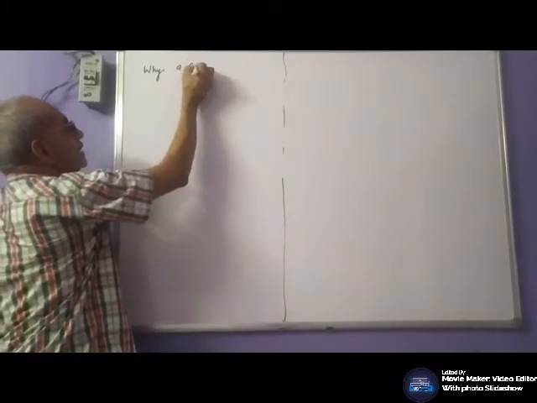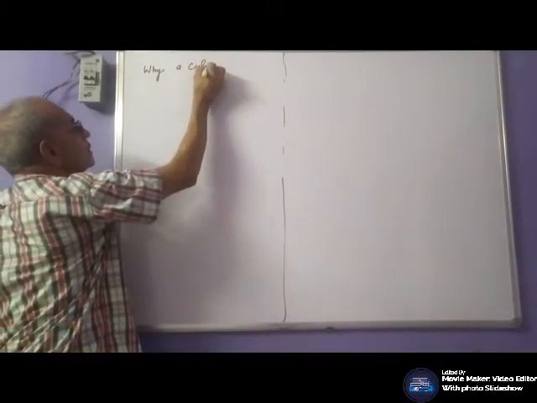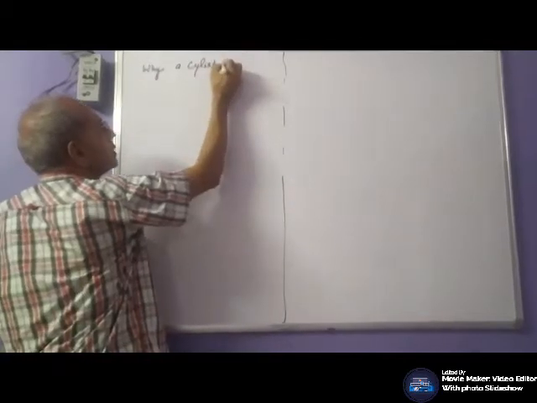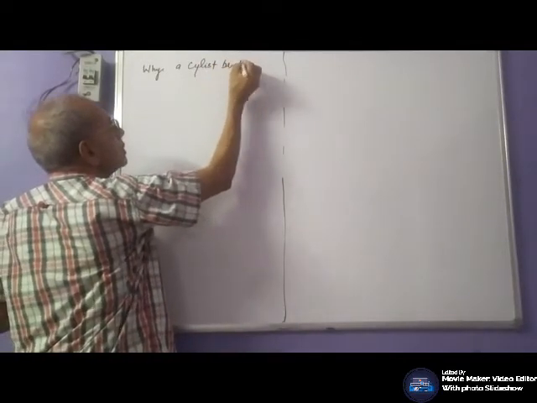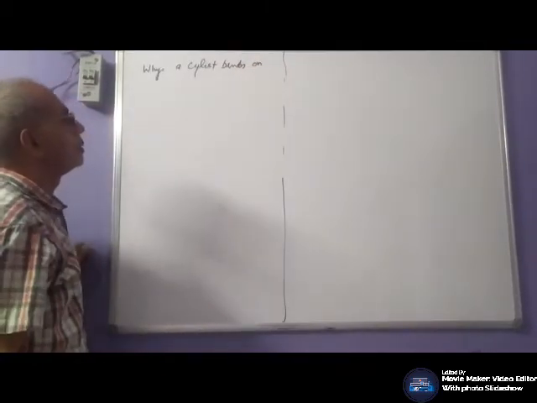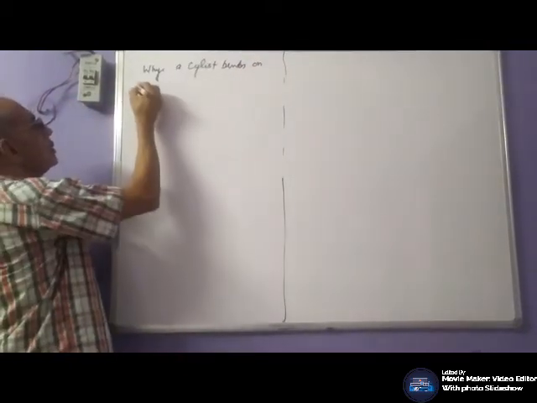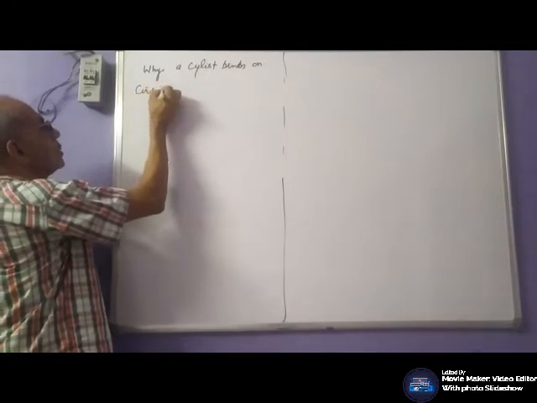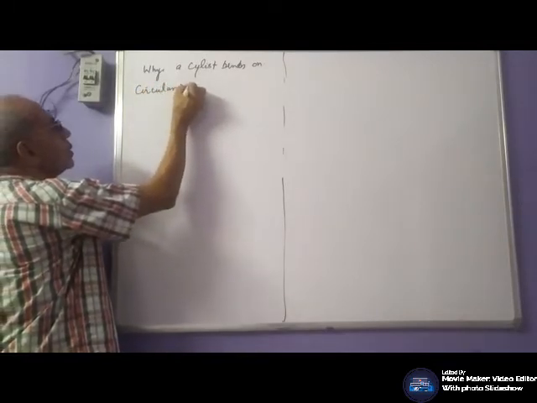Why does a cyclist bend on a circular road?